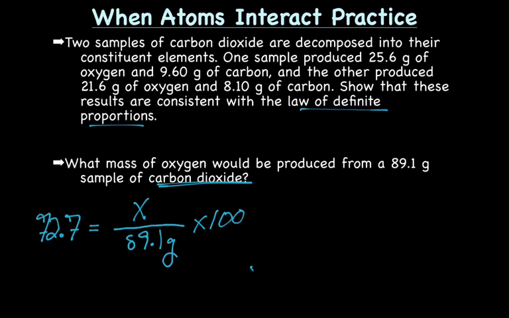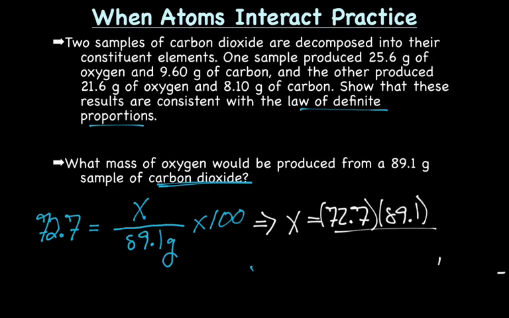So let's do a little rearranging here. Let's get X by itself. So we'll have X equals 72.7 times 89.1 divided by 100.